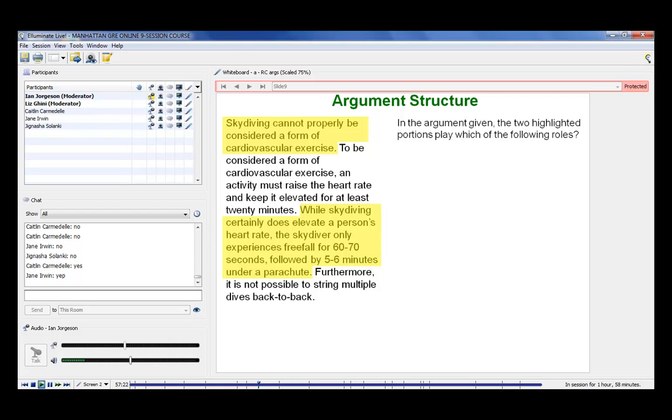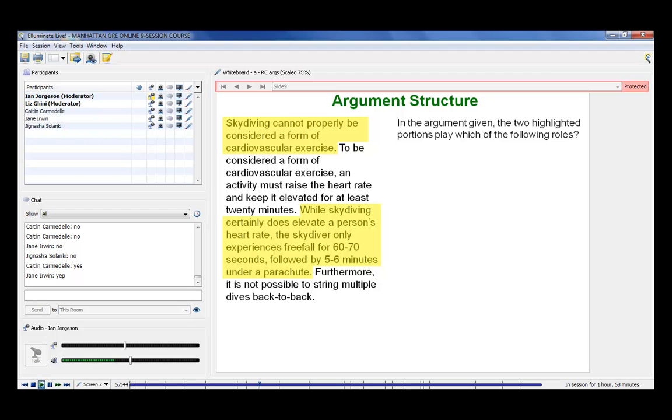Here's what's really important. The first three types of questions we looked at really weren't arguments in the purest sense of the word. What I mean by that is they were not true arguments that had an author's main point supported with different pieces of evidence. But this kind of question really is a true argument.